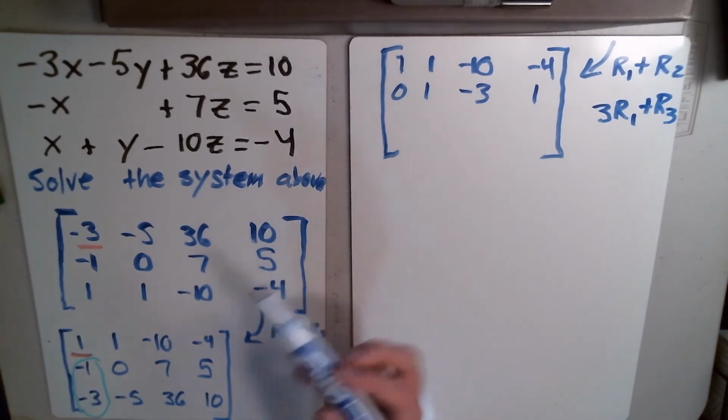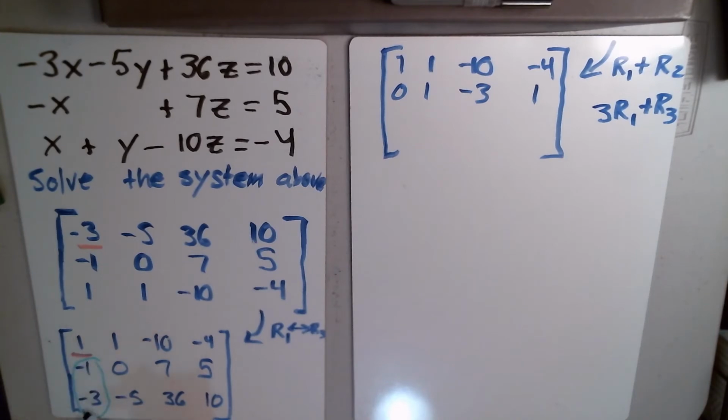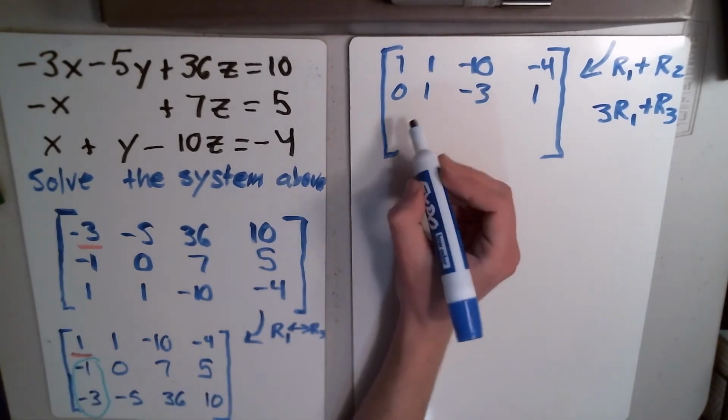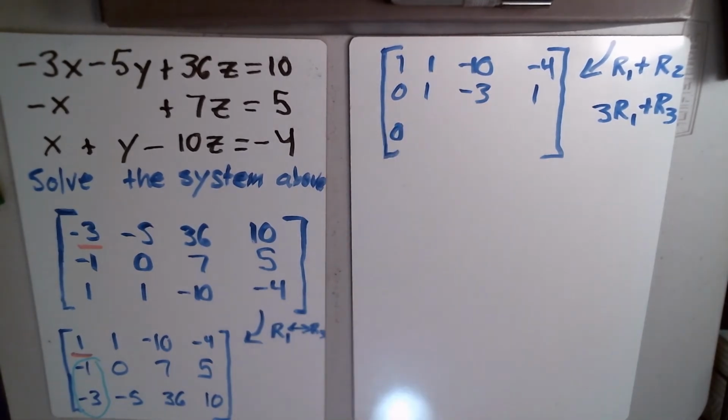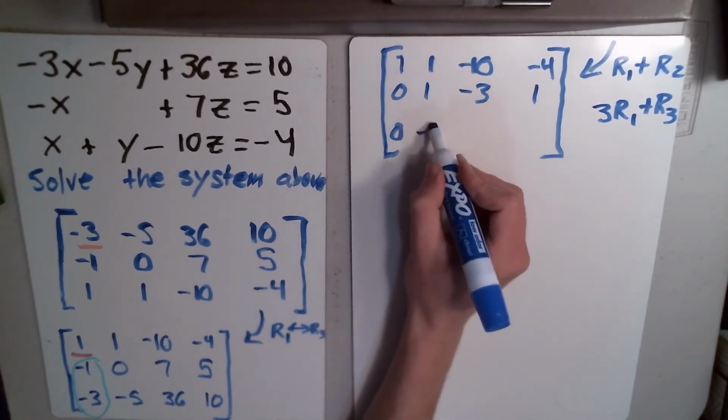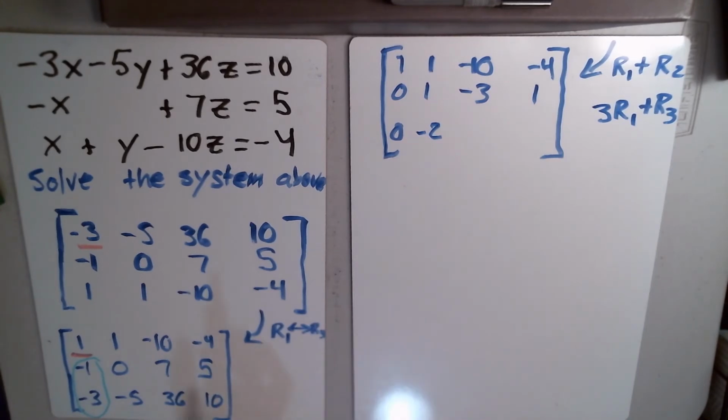Okay, so 3 times 1 plus -3. Well, 3 times 1 is 3 plus -3 is 0. Okay, and then 3 times 1 is 3 plus -5 is -2. And then 3 times -10 is -30 plus 36 is going to be 6.